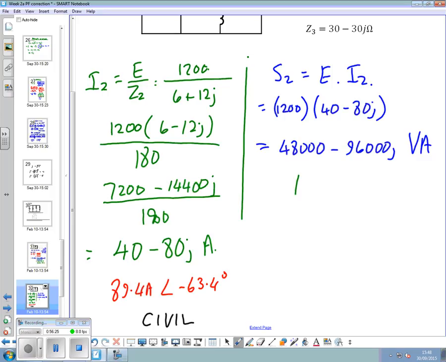This bit is P2 equals 48,000 watts. Q2 equals 96,000 VAr.